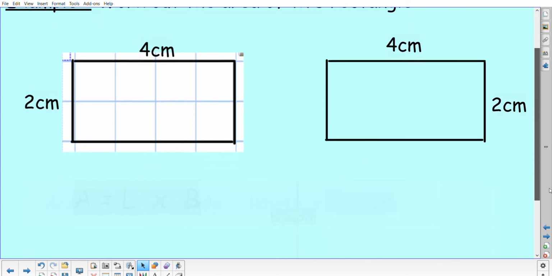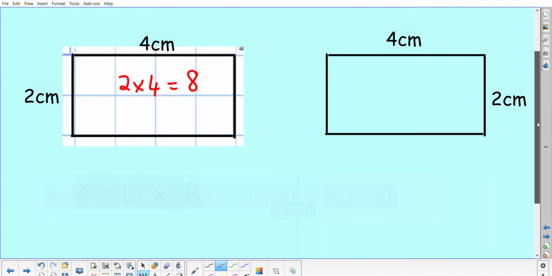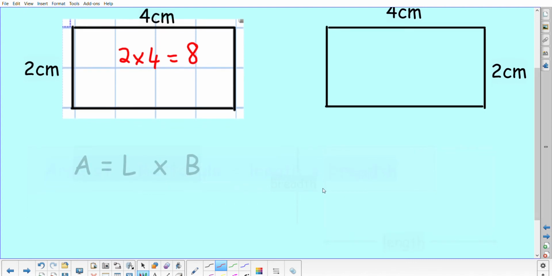And if you notice anything about the 8, it is simply worked out by multiplying together. You've got 2 rows of squares here by 4 going across. So if you simply did 2 times 4, you got your answer of 8, and we would say that the area of that shape is 8 square centimetres.